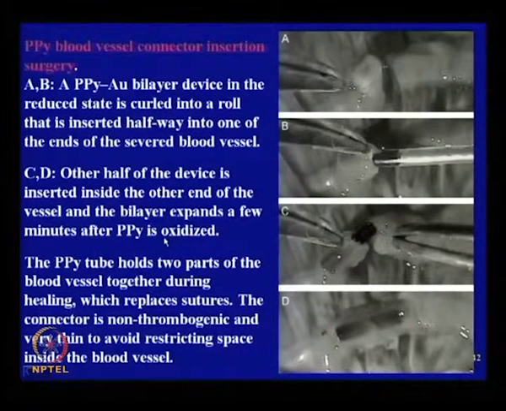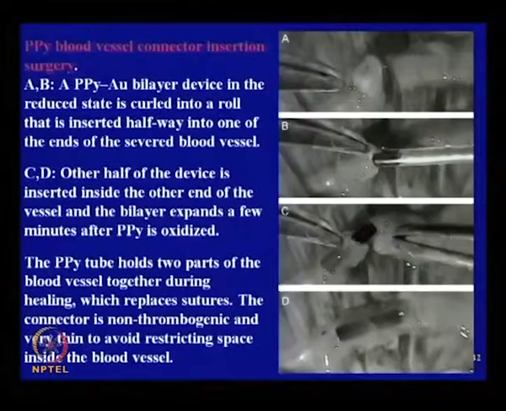So, this way, when it is in reduced state, it is curled and forms a tube, then it is put in one side of the vessel, and the other part of the tube is also put inside another part of the incised vessel, then it is oxidized. On oxidation, it expands. So, it fits to the blood vessel tightly, without any stitching.